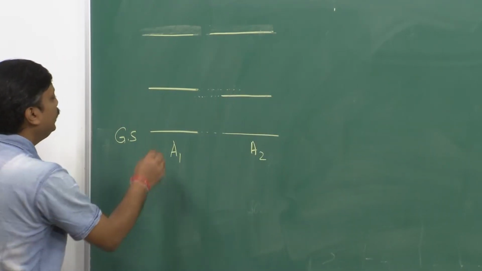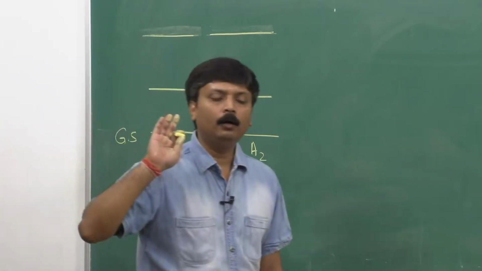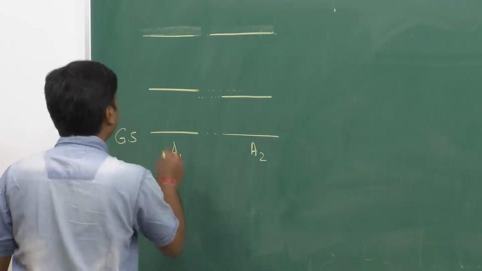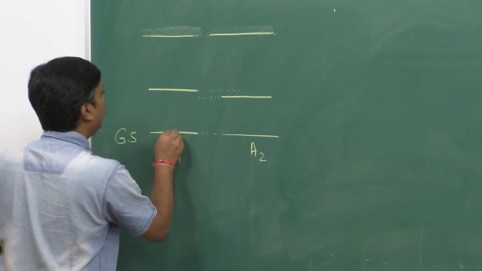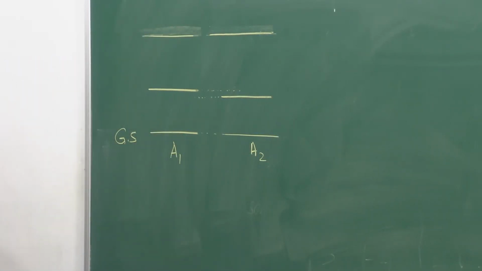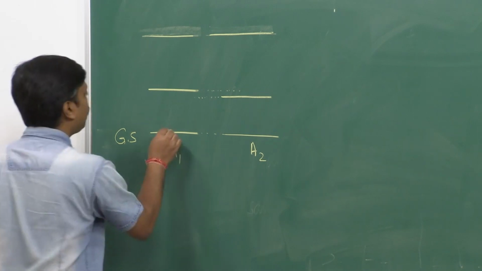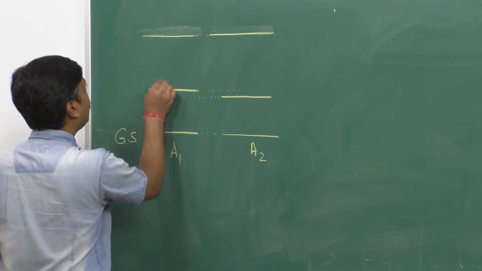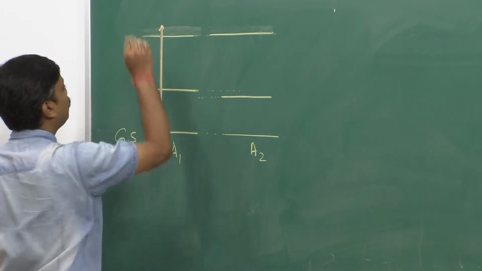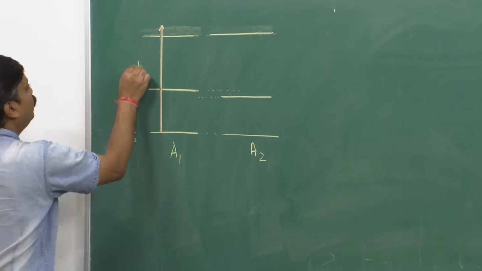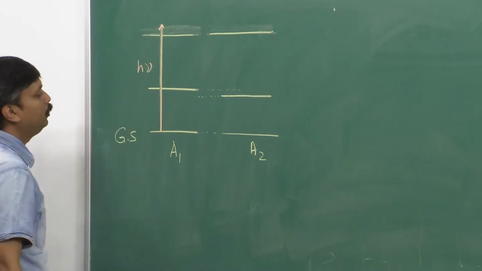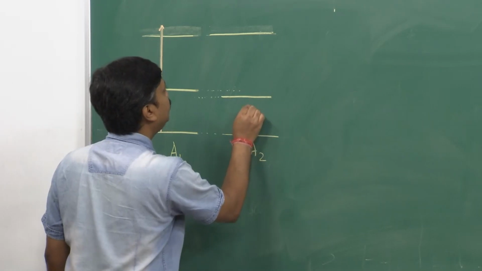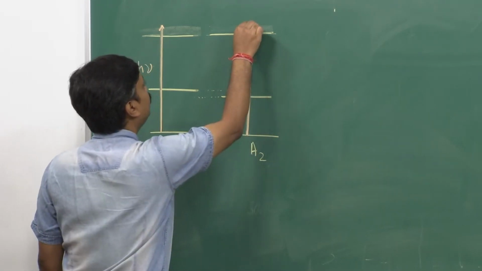Now, if I think of the conventional ionization using a single photon absorption, I have a transition like this when I come with a photon h nu, and if I do the same thing here, I will get the same fate.